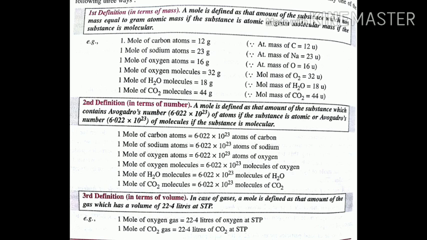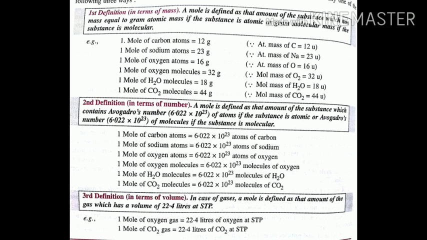If we change the mass, then the number of moles will also change. I am taking another example. Water has molecular mass 18, so 18 grams is equal to 1 mole of water, and 44 is the molecular mass of carbon dioxide, so 44 gram carbon dioxide will be equal to 1 mole.